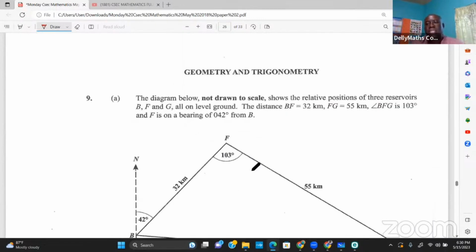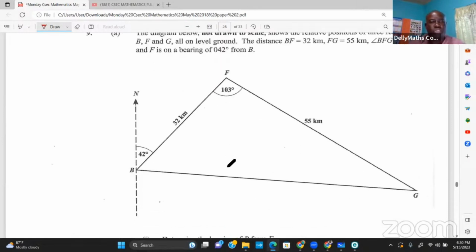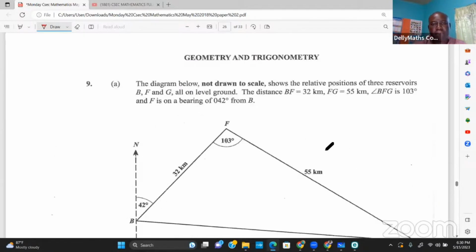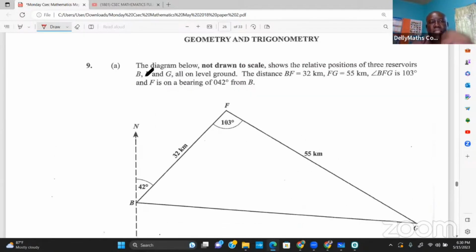Question 9 is titled Geometry and Trigonometry, as you could see, right? Geometric tricks. Now, let's go. Here are the questions. It says here, the diagram below, not drawn to scale, shows the relative positions of 3 reservoirs, B, F, and G, all on level ground.